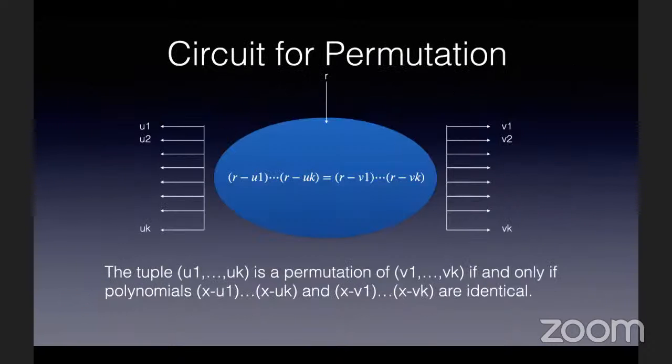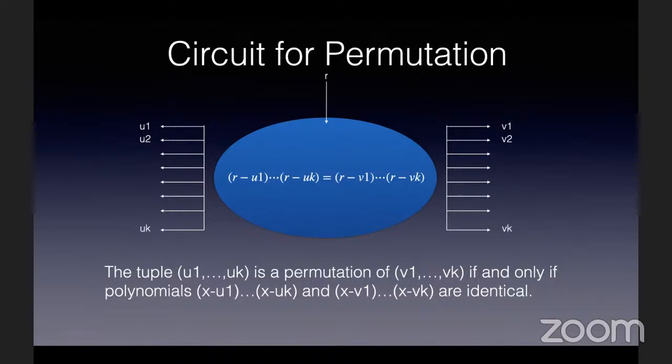Because permutation doesn't look like something you can check using addition and multiplication constraints. So this is a sample circuit where there are input wires U1 to UK and some wires V1 to VK, and we want this circuit to be satisfiable only if V1 to VK is some permutation of U1 to UK.